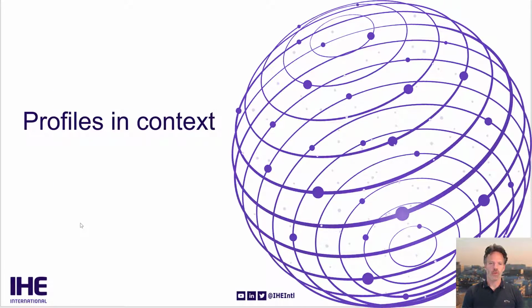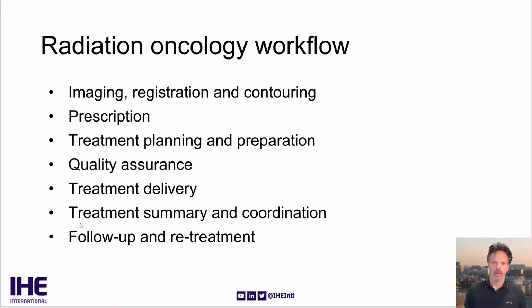Now, to go through the different profiles that IHE-RO is working on, I thought I'd put them into context, kind of following a workflow of a single patient. Here, I don't focus so much on the readiness of the profiles, whether they are in a public review or final or just suggested. But this is more an overview of which profiles exist. So the workflow then is kind of following one patient with suspected cancer or with a diagnosis.